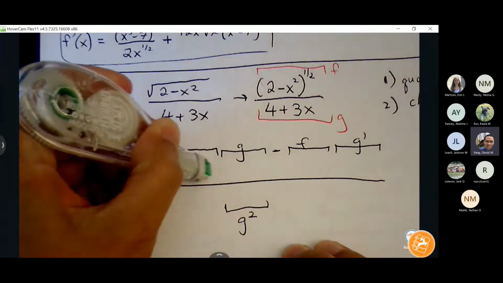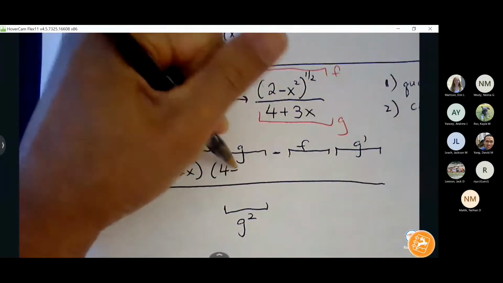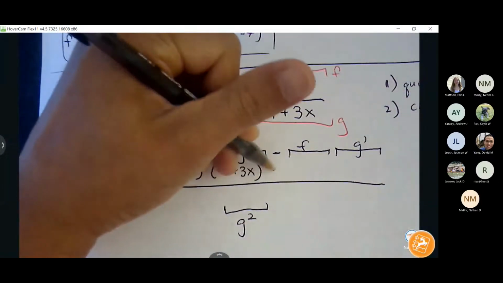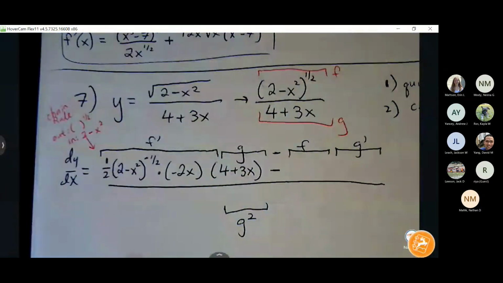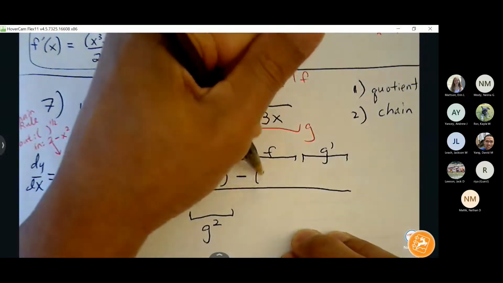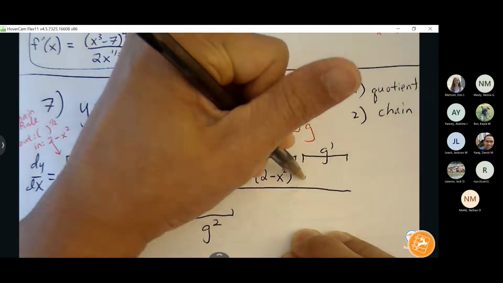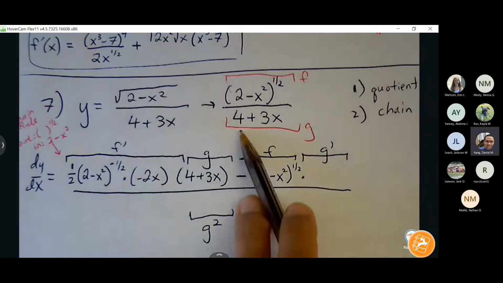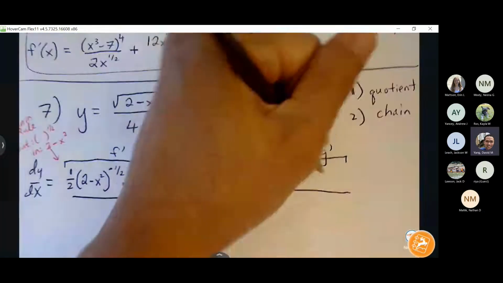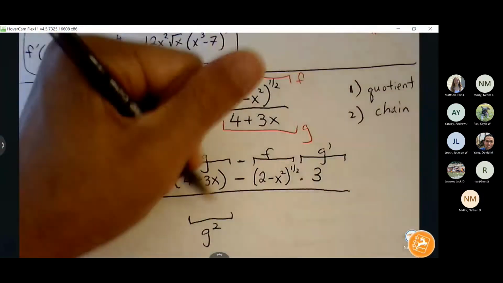Now move on to g. Original denominator, no changes. Okay, back to f prime, 4 plus 3x becomes just 3. All over my denominator split.